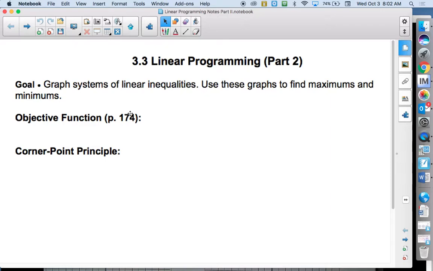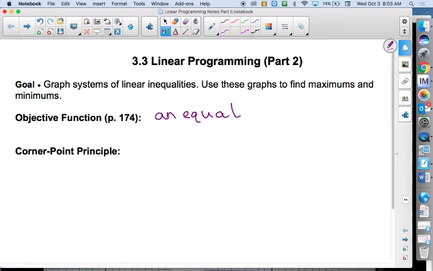We talked about an objective function briefly yesterday. This is an equation that's used to find the max or the min of the feasible region.